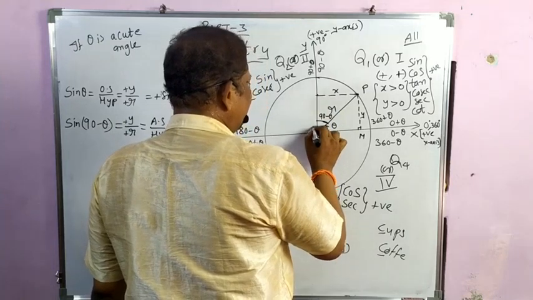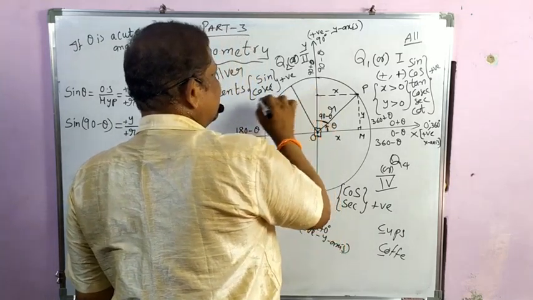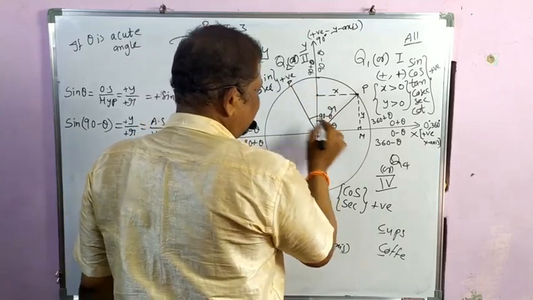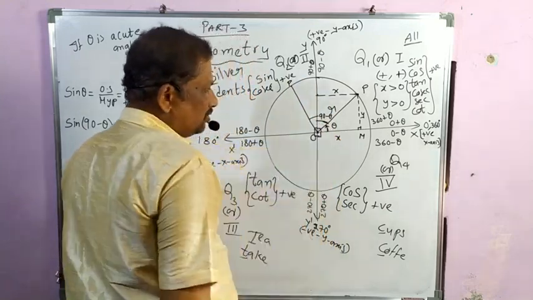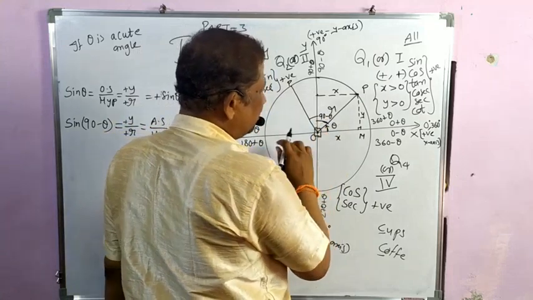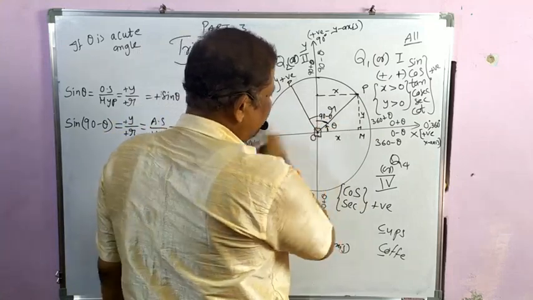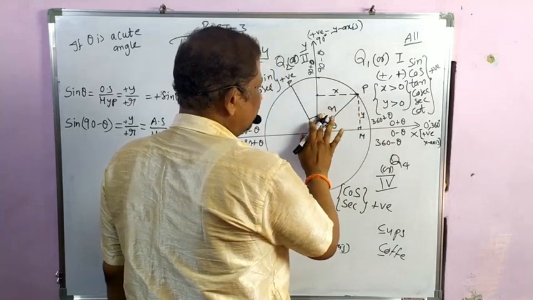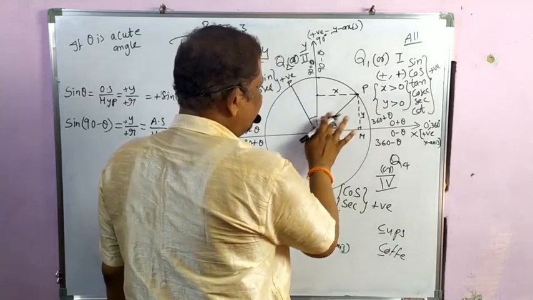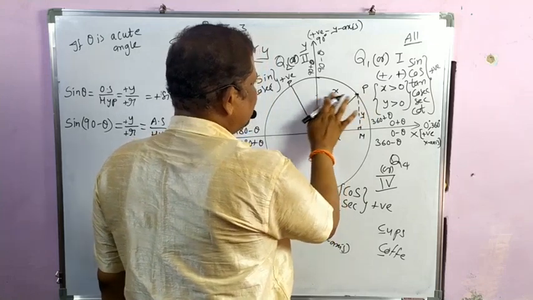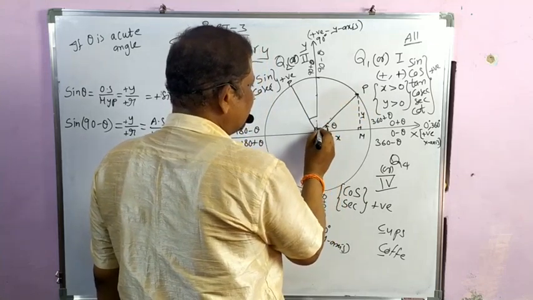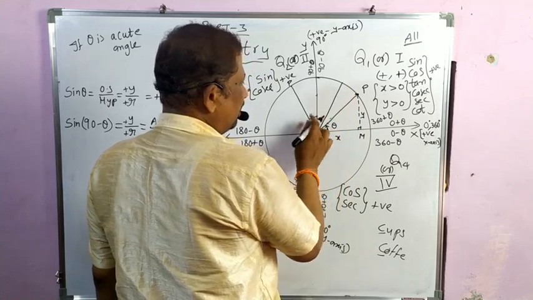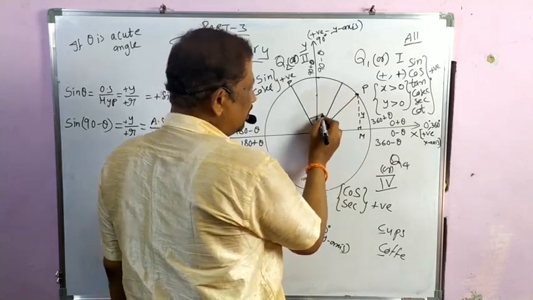90 plus theta means it falls in the second quadrant. P comes here. So this is 90. Here, 90 minus theta means if you remove theta from 90, this is 90 and this is theta.